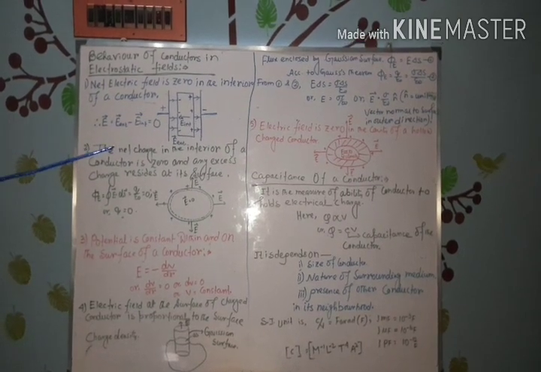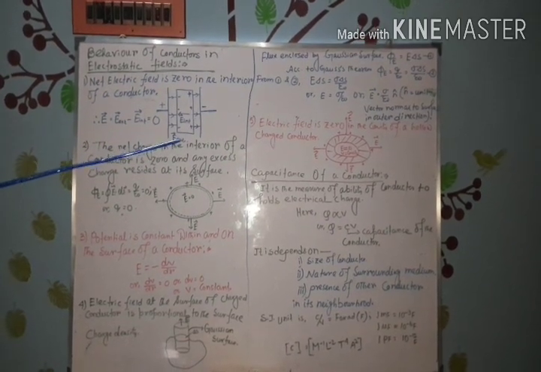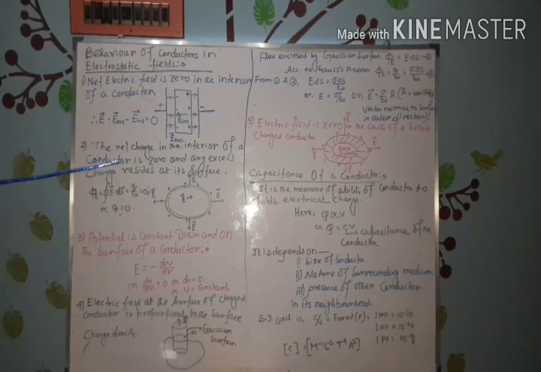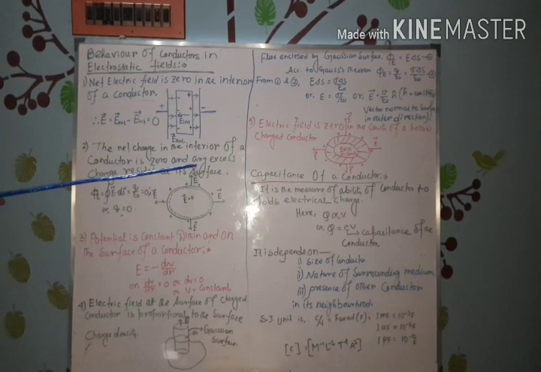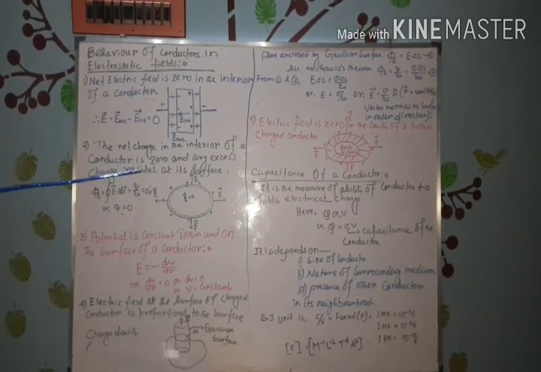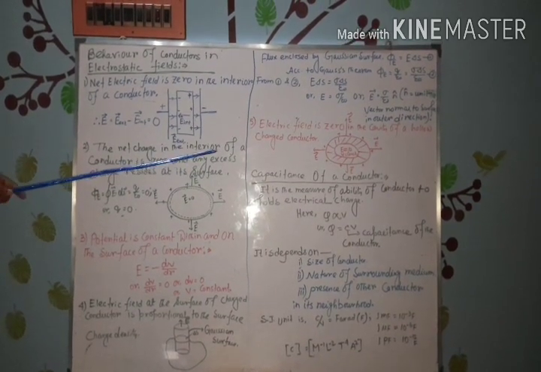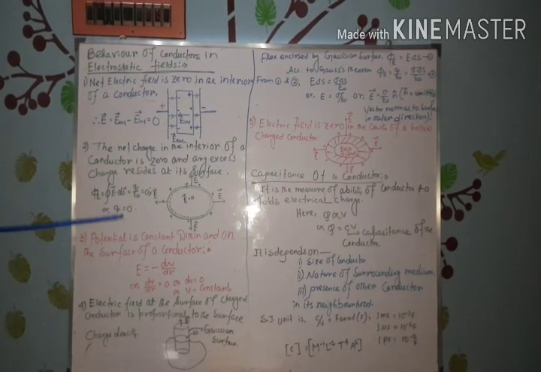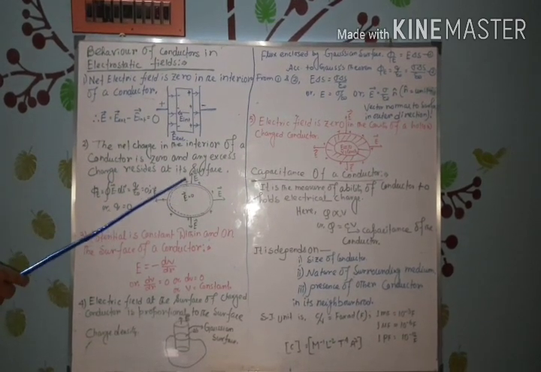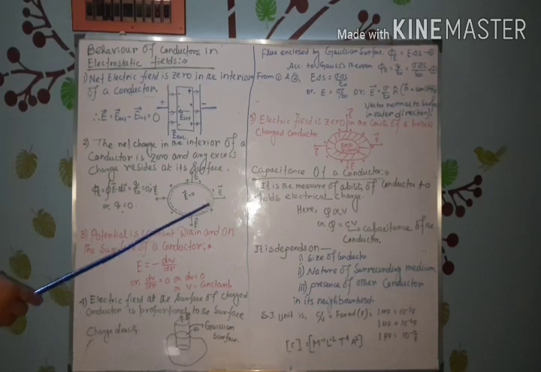Secondly, the net charge in the interior of a conductor is zero and any excess charge resides at the surface. Now we consider here this is a conductor.